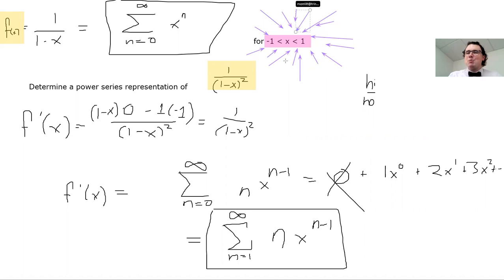So as long as x is between -1 and 1, this power series formula that I just came up with will be equal to 1 divided by the quantity 1 minus x all squared. Outside of that interval, you get nothing. The series diverges. The infinite summation does not give you a real number. And at that point, we can no longer talk about derivatives and continuity.